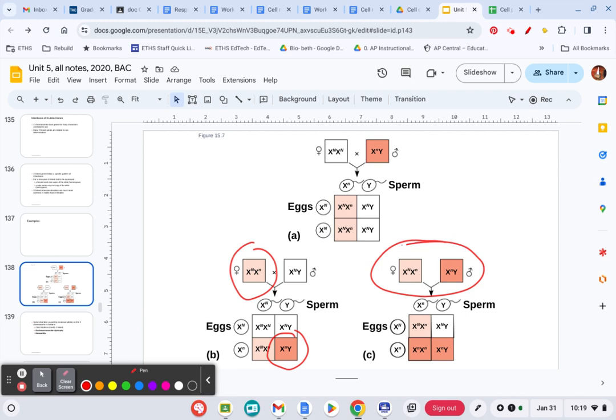But the phenotype that would affect them the most would be if you've got a carrier mother and someone who has it that's male. Then you're going to end up with both males and females getting it. It's not easy, again, because the female has to have two copies of it. So examples of this range from things that are not a big deal to things that are life-threatening.